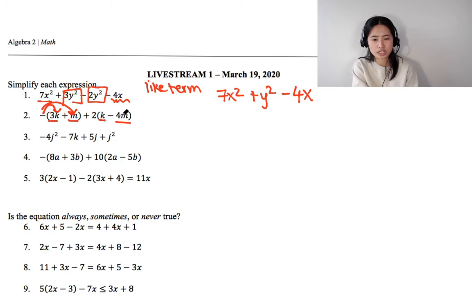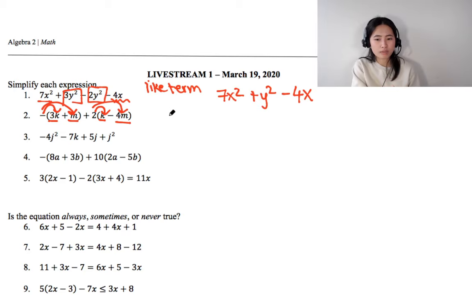A coefficient, which is 3, and a variable, that's one term. Then m is another term because it's not the same term as 3k. Then k right here is another term. Minus 4m is also another term, so you need to distribute that individually.